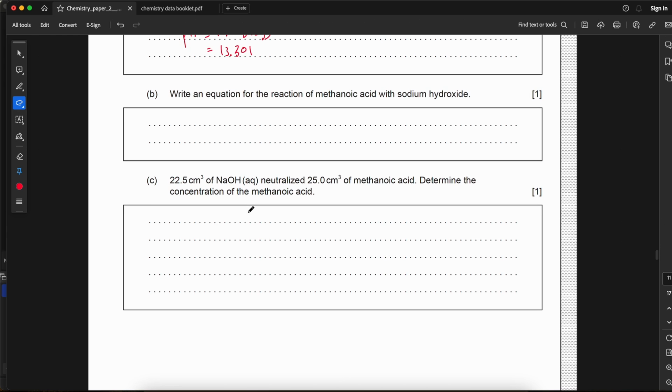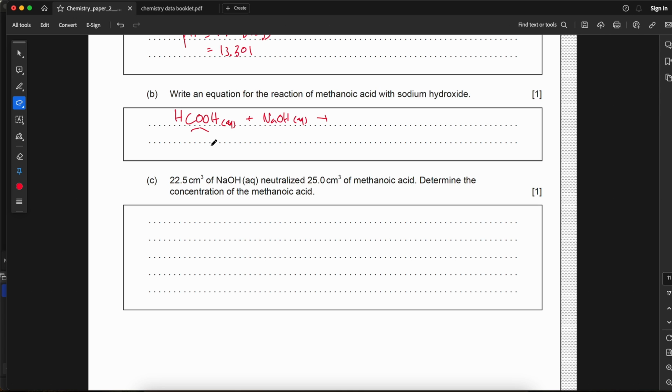Write an equation for the reaction of methanoic acid with sodium hydroxide. Methanoic acid is HCOOH aqueous, with sodium hydroxide. If you find it challenging to define the product, you can always check their ions.